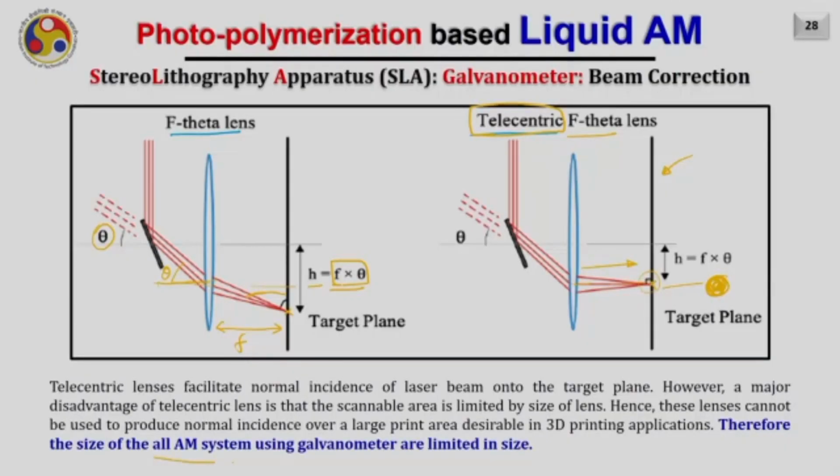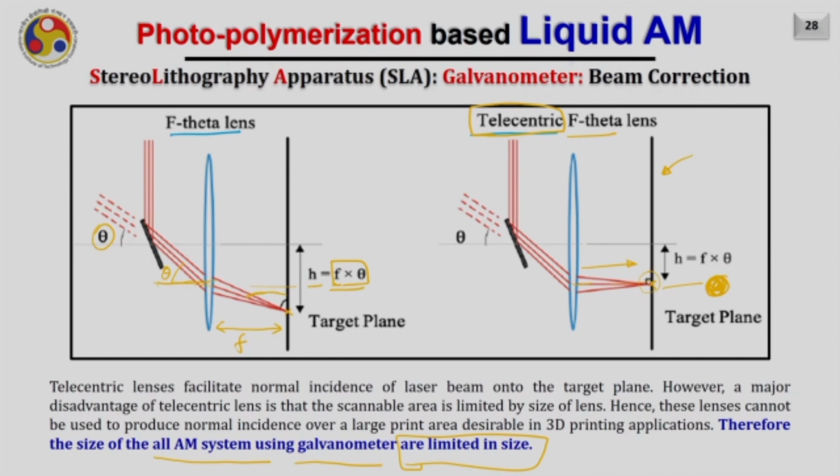Due to this limitation in the size of the lenses, please note that all the additive manufacturing systems that use a galvanometer are limited in size. That is why all these machines like SLM and SLA have limited size.